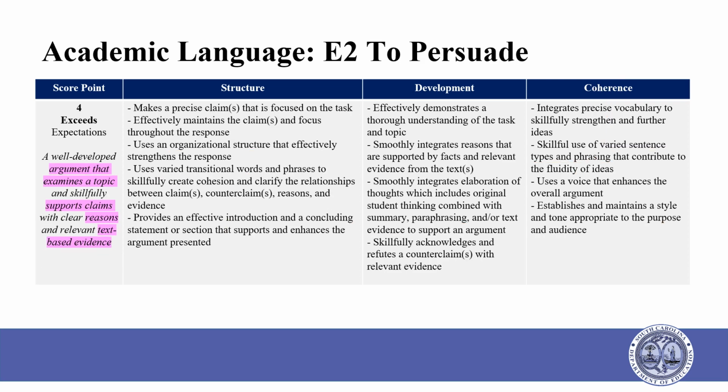Let's look at Trait 1 for argumentative writing. As we review the English 2 rubric for To Persuade, please compare the academic language found within the rubric with the language we earlier identified in the C.1.1 indicator.